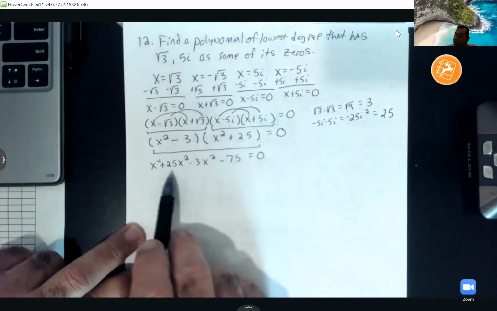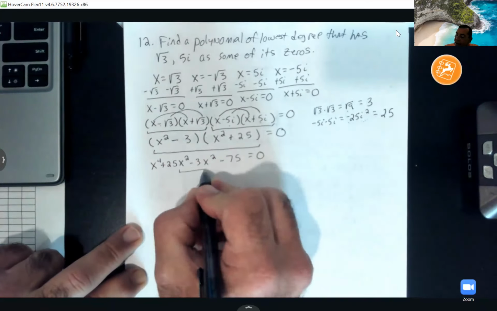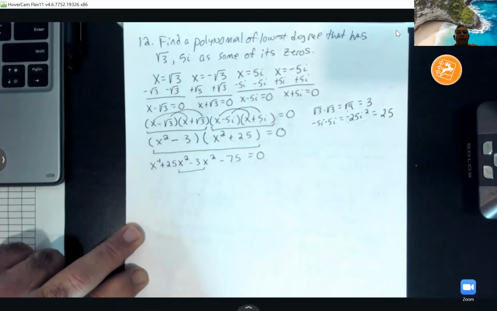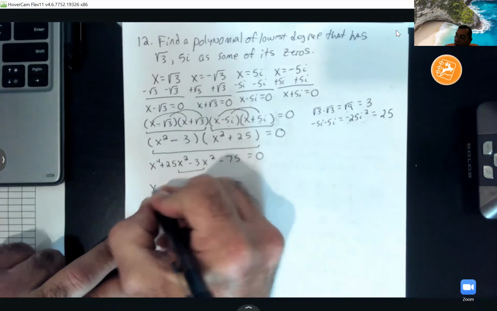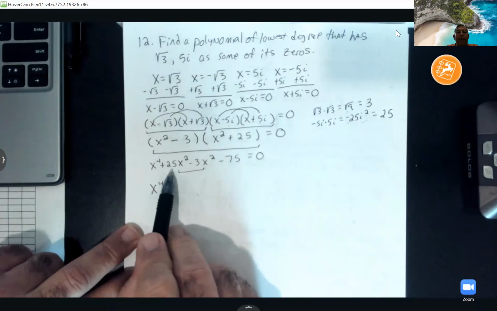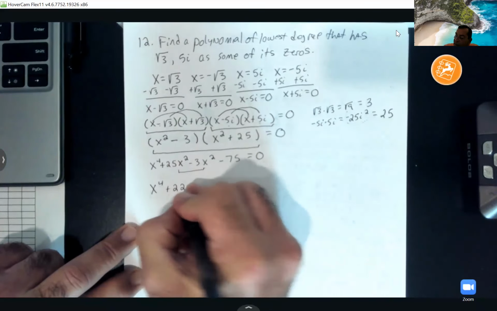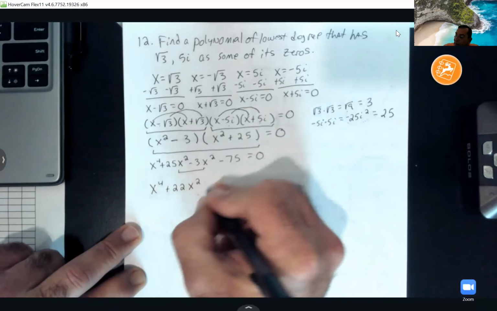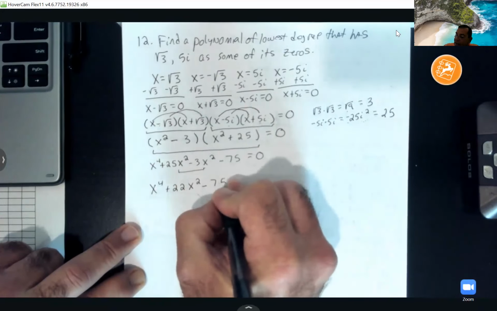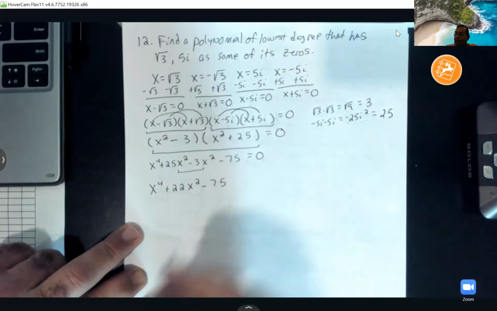All right, y'all. So the only thing we got left is to add like terms in the middle. So bring down your x to the 4th. 25 minus 3 leaves me 22x squared, minus my 75.